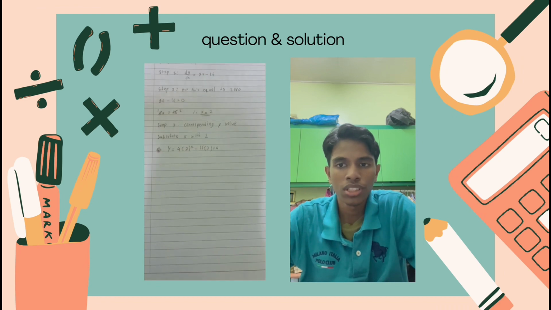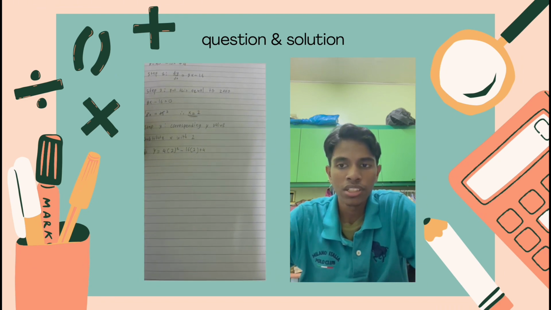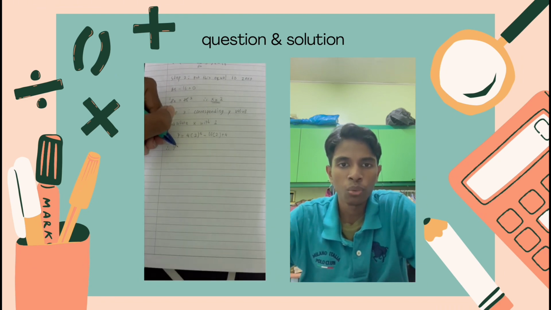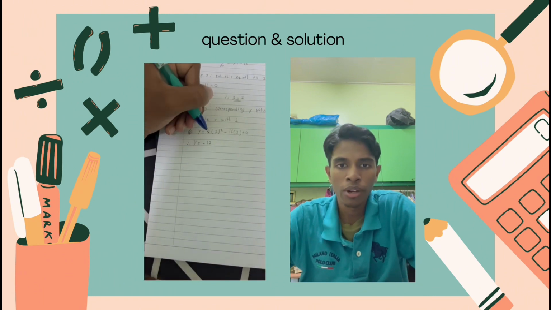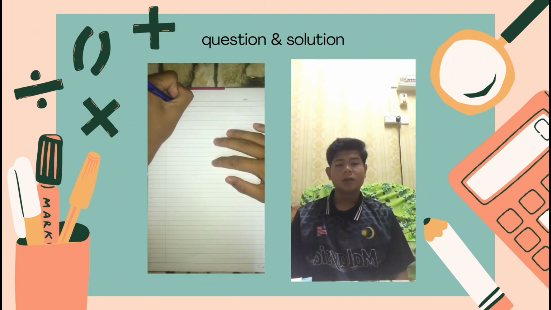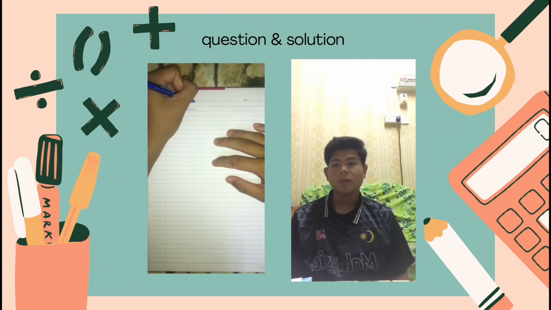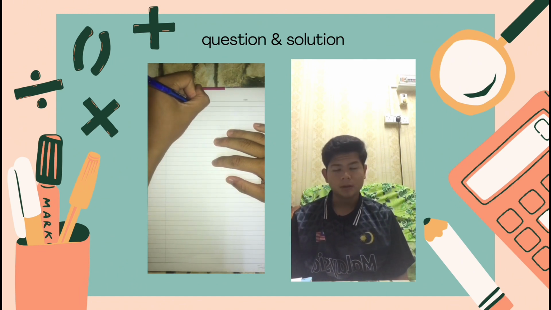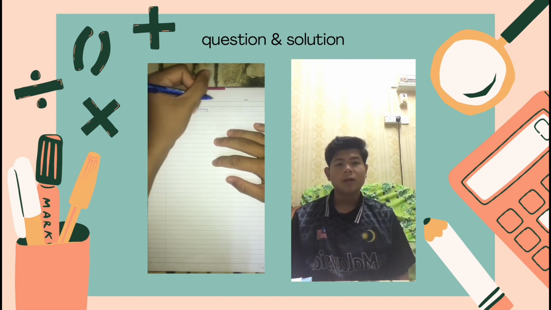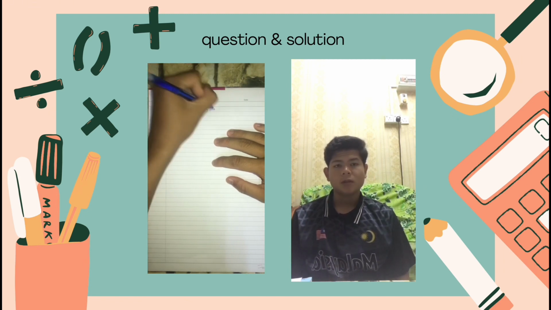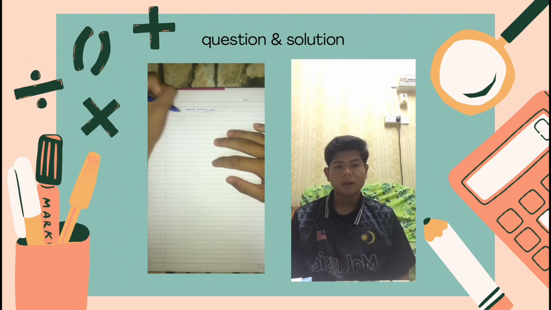Once we have done the equation, we get y equals negative 12. The next step is step 4. In step 4, we determine the stationary point: (2, negative 12). 2 is x and negative 12 is y.